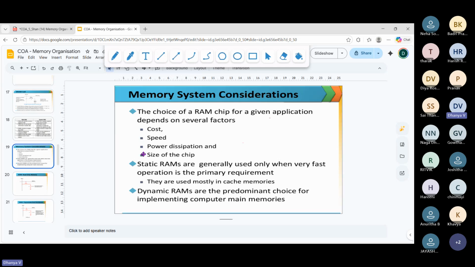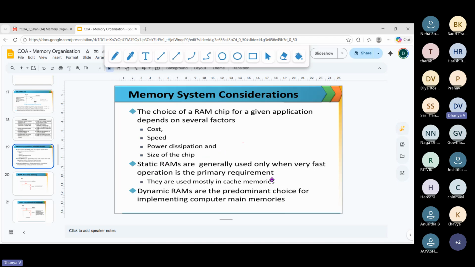That's just the difference. So now the choice of a RAM chip for a given application depends on several factors: cost, speed, power dissipation, size of the chip, and so on. That's the difference between SRAM and DRAM we saw. Static RAMs are generally used only when very fast operation is the primary requirement. I told you it's preferably used in your cache.